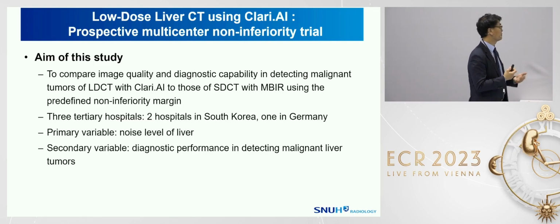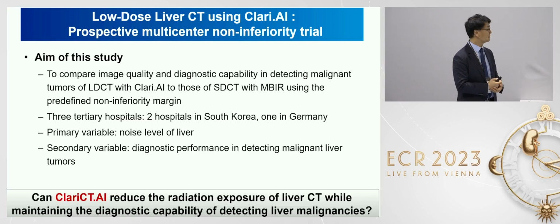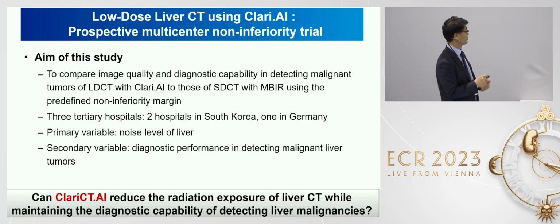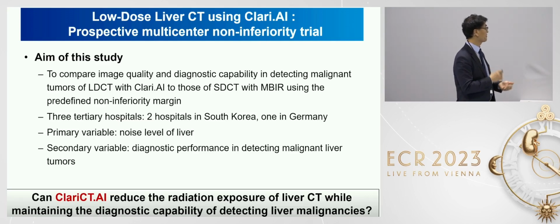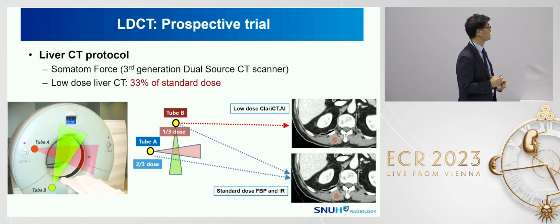And then we compared the noise level of the liver, and we also evaluated the diagnostic performance in detecting malignant liver tumors. So the real question is, can ClariCT.AI reduce the radiation exposure of liver CT while maintaining the diagnostic capability of detecting liver malignancy?